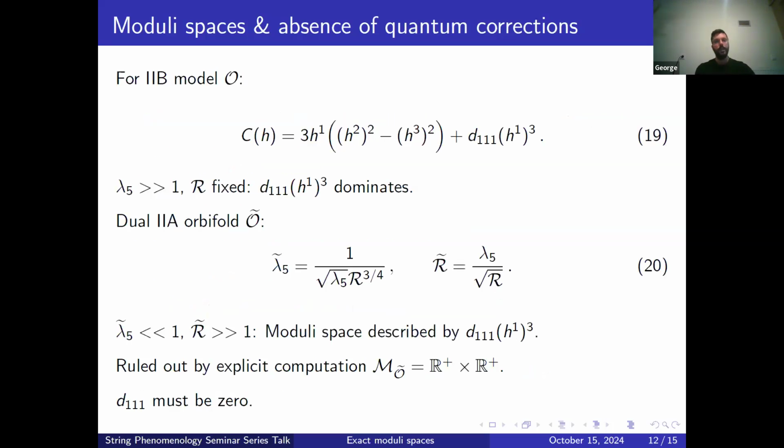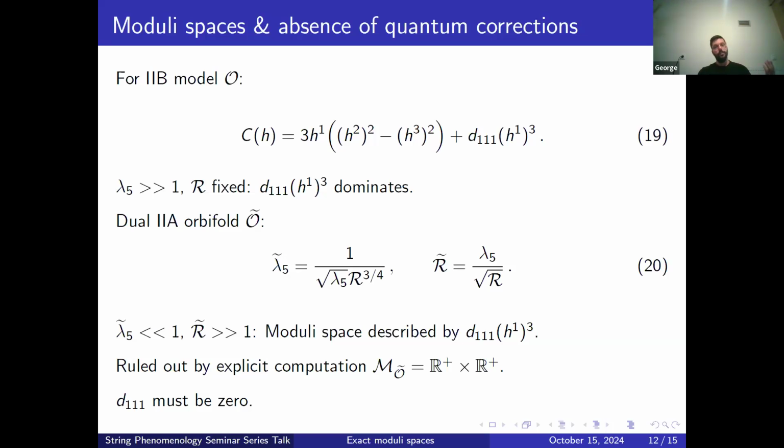So up to this point, I argued that for the type 2B model, this orbifold O, the only possible deformation of this cubic polynomial is the addition of a term proportional to H1 cubed. Now, we can go to the strong coupling limit of this orbifold.